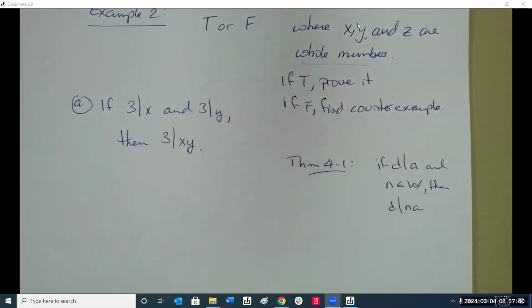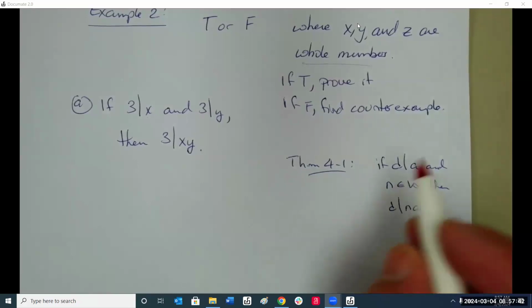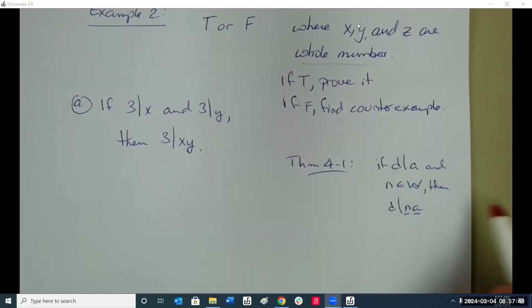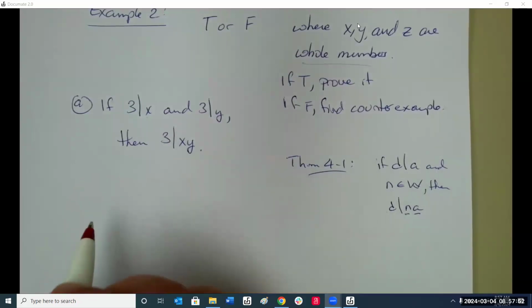So X and Y are whole numbers. Here, in theorem 4-1, N and A are whole numbers. So is D, but it can't equal 0. So this is a true statement.